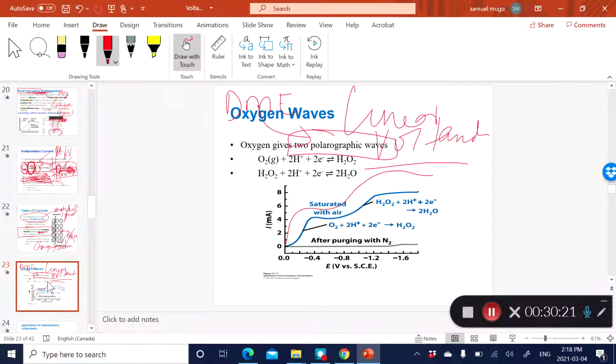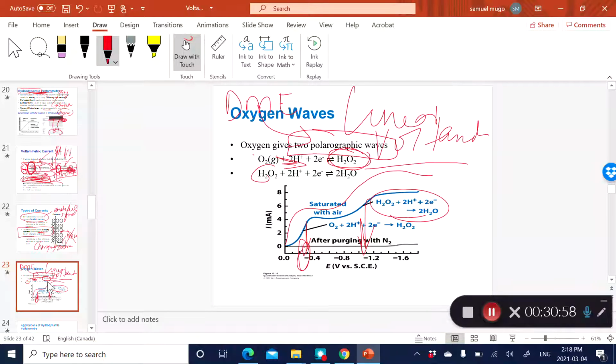And you can determine, for example, the oxygen that is present in solution just by looking at the appropriate voltage that causes the reduction of oxygen into hydrogen peroxide. But you can see also the hydrogen peroxide equally undergoes reduction again at this potential around -1. And so you get this other reaction that is taking place.